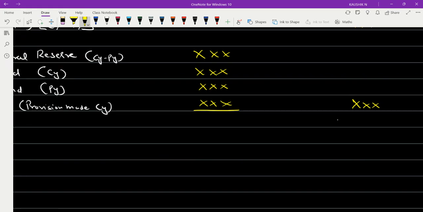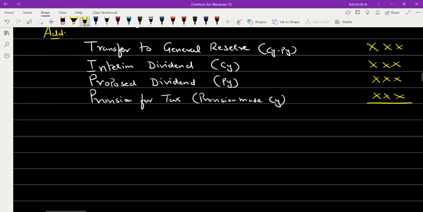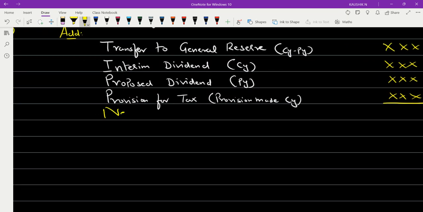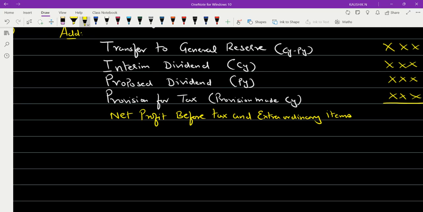That amount we denote as net profit before tax and extraordinary items.